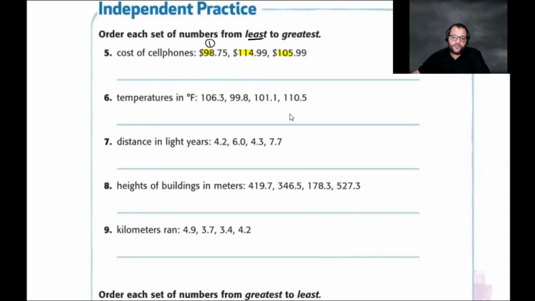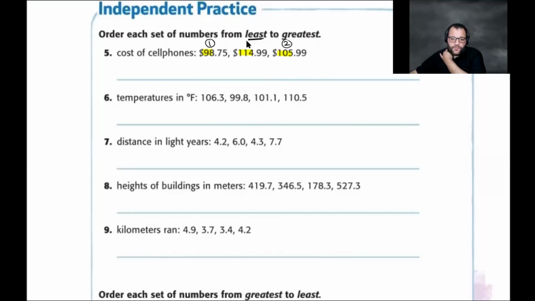The second smallest is 105.99. Yes. The third will be 114.99. Perfect. That's number 3.